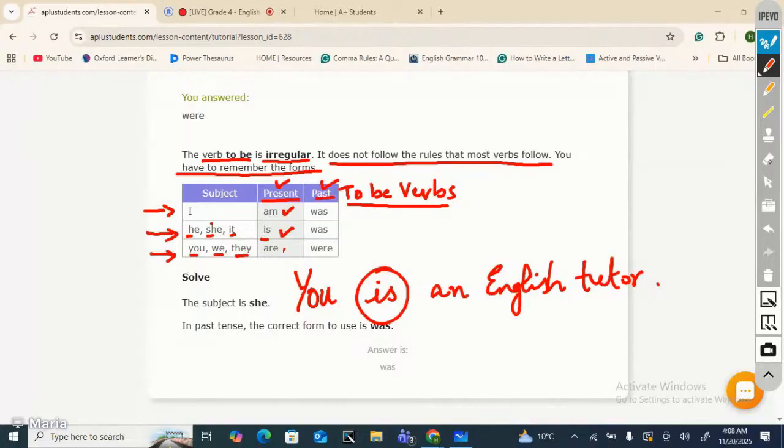No. You is an English tutor? No, it's wrong. It's again wrong. Well, if the subject is you, we, or they, use are. You are an English tutor.